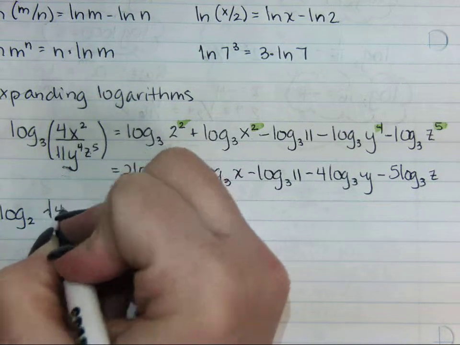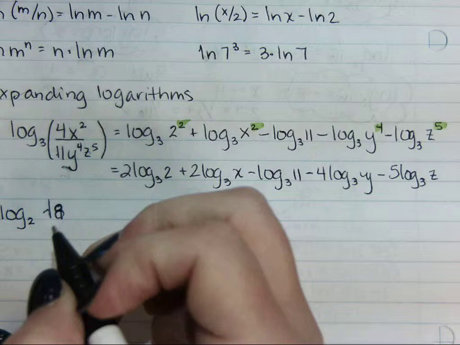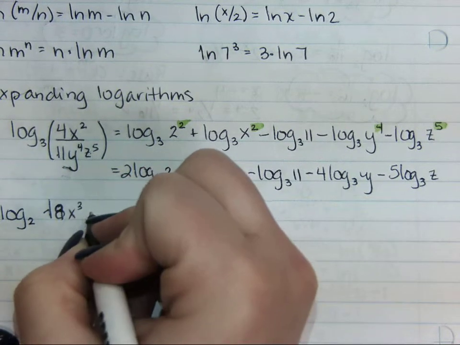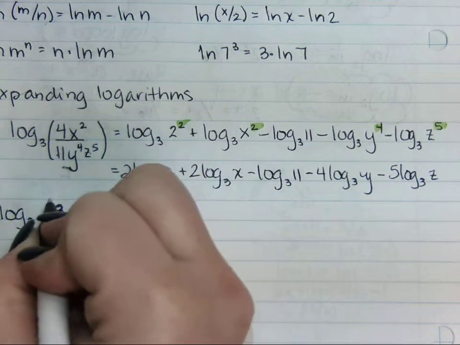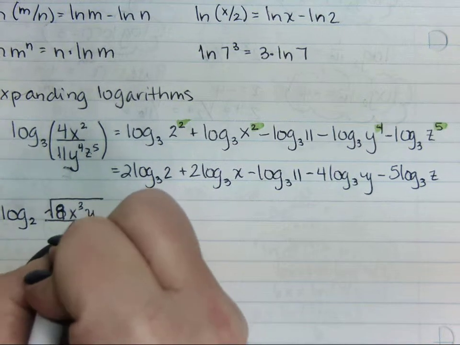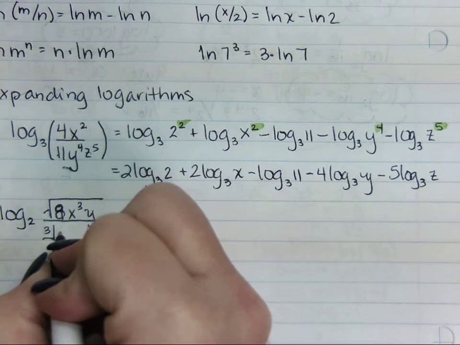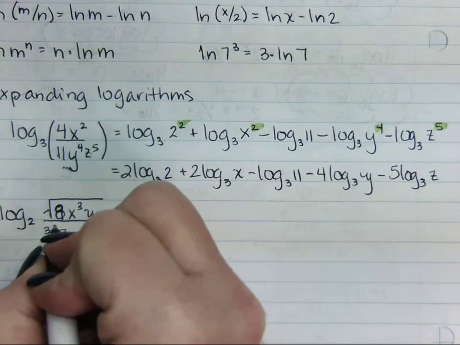I don't know, let's do a different number. Let's do 8. Right? So 8x cubed y. So that's all underneath the radical. And I'll put a different one in the denominator. So let's do, say, the cubed root of just z, and that's it.